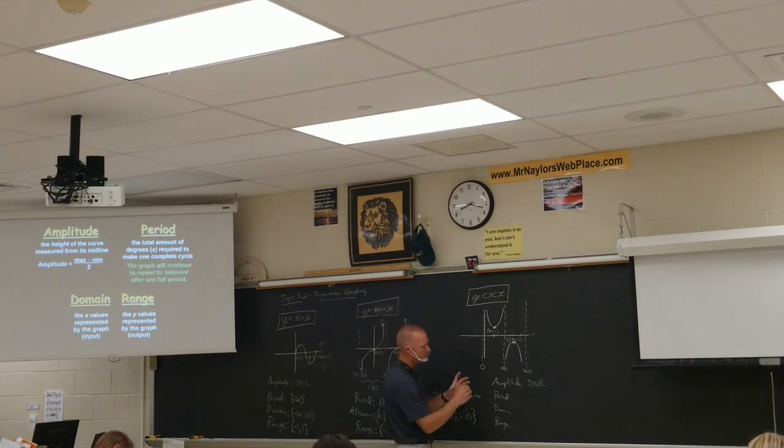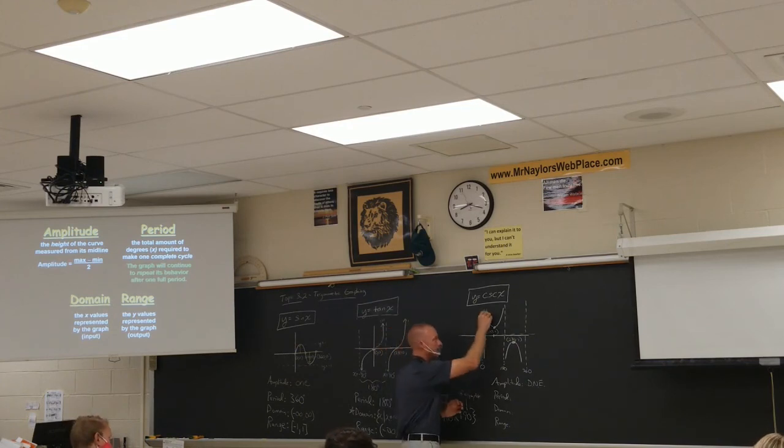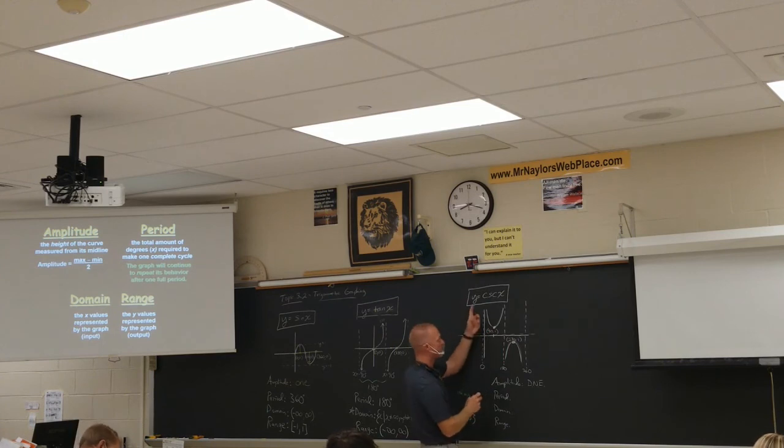I'm telling you, the period is a very significant idea in this whole chapter. Are you starting to think about it? How much x, how much degree to see a cycle? That's one cycle. You say, what do you mean by that? That and that is one cycle. In other words, a positive branch and a negative branch.